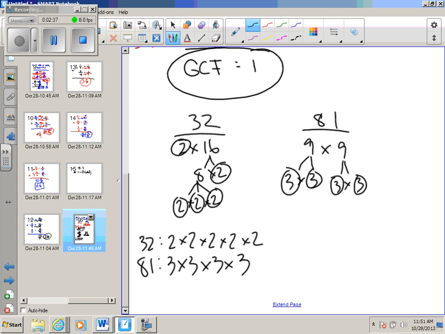Anything match up there? Therefore, again, our GCF is equal to 1. So sometimes it happens, sometimes it does not. It's just a matter of making sure.